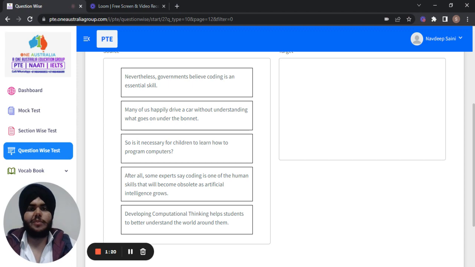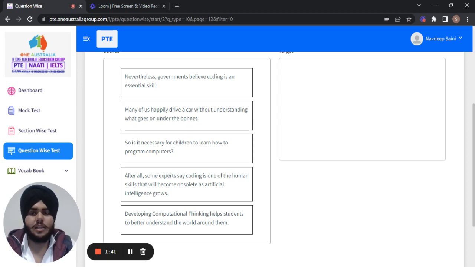The main thing that you have to remember in PTE reorder paragraphs is you have to find an introduction, you have to follow up that introduction, and you have to find a conclusion. If you find these things, it's going to be very easy for you to make pairs.